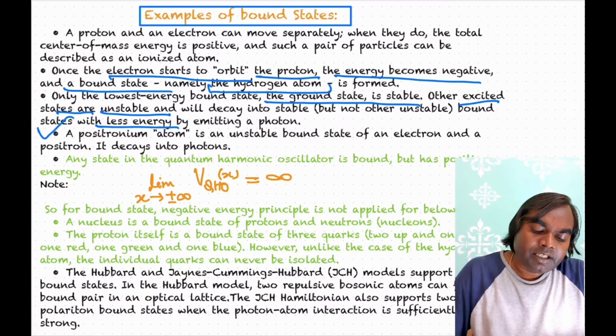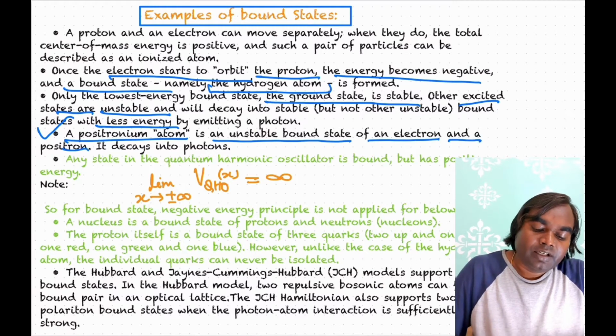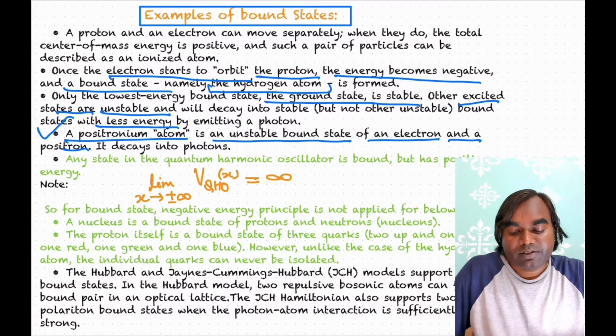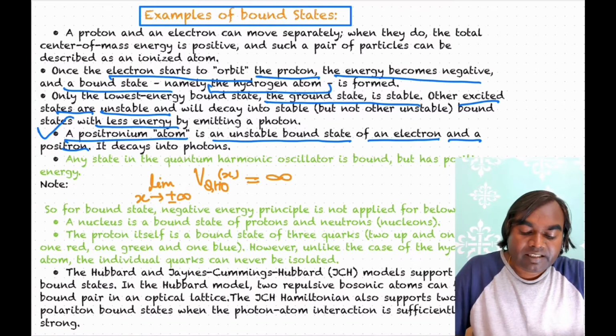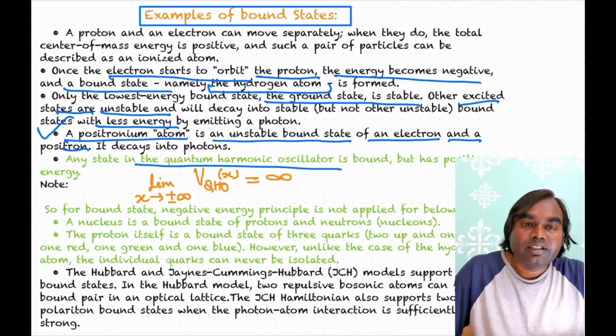The next example is the positronium atom, an unstable bound state of an electron and a positron. It decays into photons.